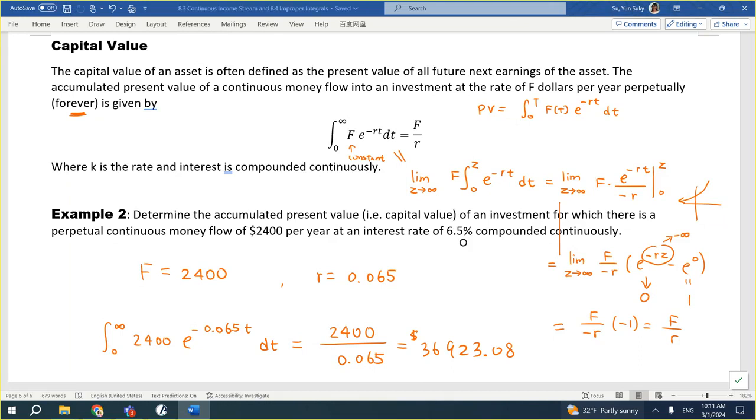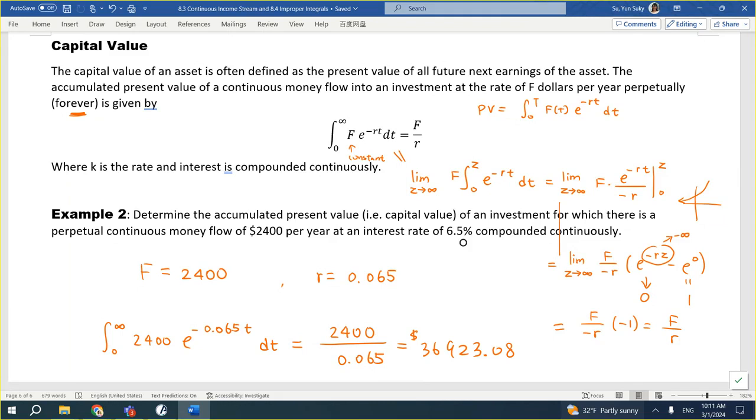So we finished chapter 8, and now let's go to chapter 9. So remember your exam 2 covers chapter 8, which is 8.1, integration by parts; 8.2, the applications, the functions, and the average value; 8.3, the continuous income stream, the present value, the future values; and 8.4, improper integrals and the capital value.